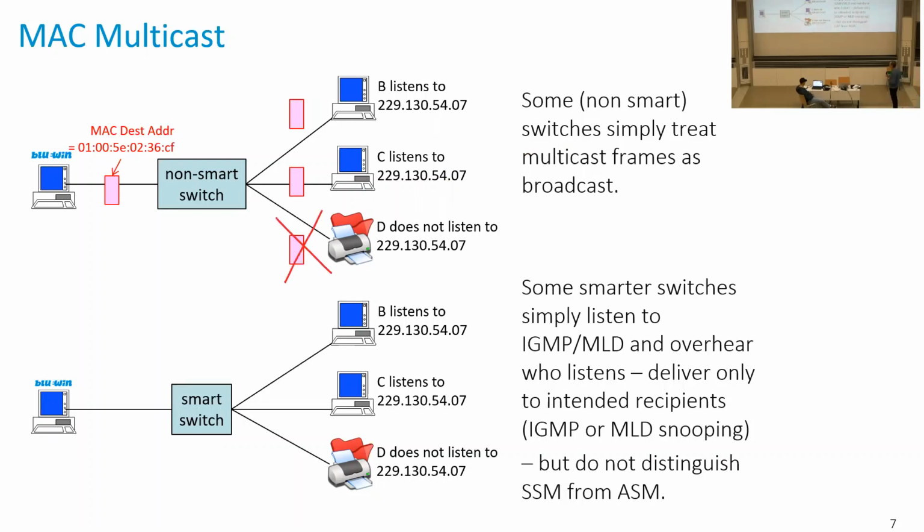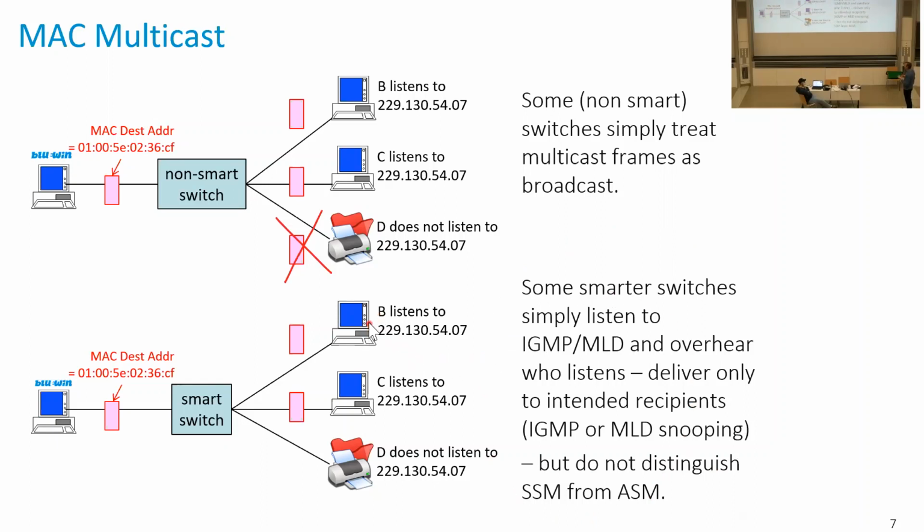A smart switch, in contrast, will know who is listening and will forward it only to whoever is listening here. But how can a smart switch know who is listening? Well, this is a hack. This violates the TCP-IP architecture because how do I know that B is listening?